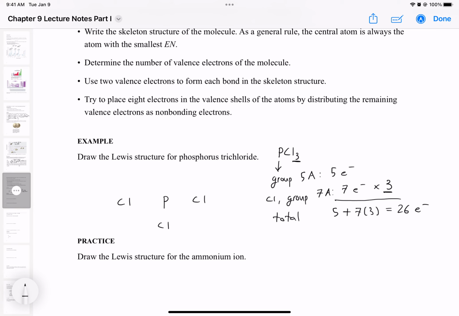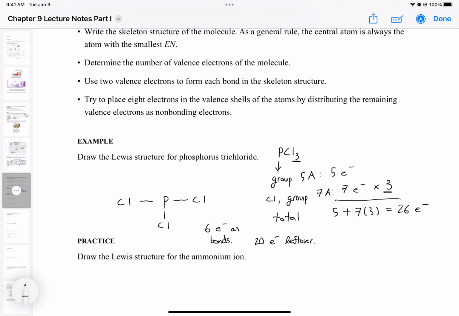So each time we form a bond, that's going to be 2 electrons. So 1, 2, 3. So we have 6 electrons as bonds. So now we have 20 electrons left over.